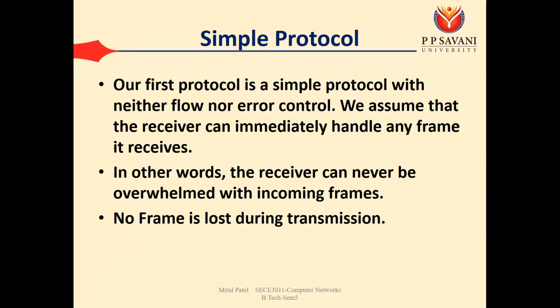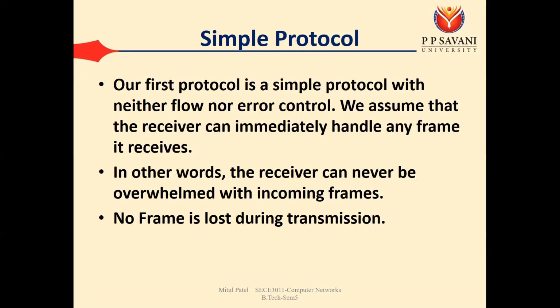Okay, so now we start with our first protocol, that is the simple protocol. So our first protocol is a simple protocol with neither flow nor error control. So we assume that the receiver can immediately handle any frame it receives. So this protocol is majorly designed for noiseless channel. So in a noiseless channel we'll assume that there is no packet lost.